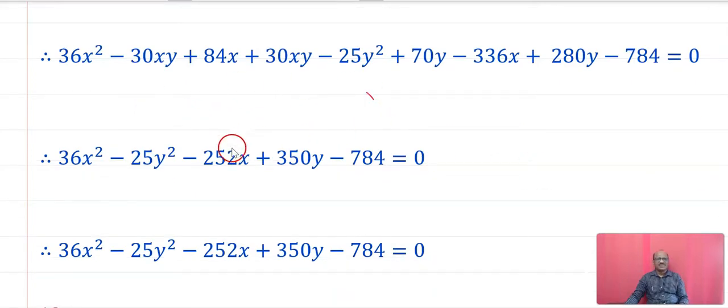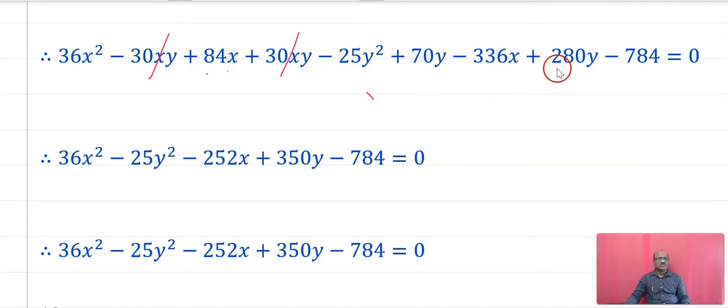Again their simplification, then you will get 36x square minus 25y square, and the terms of minus 30xy and plus 30xy get cancelled. Next is 252x, that is the terms of the x, 84x and minus 336x. Then you will get minus 252x.